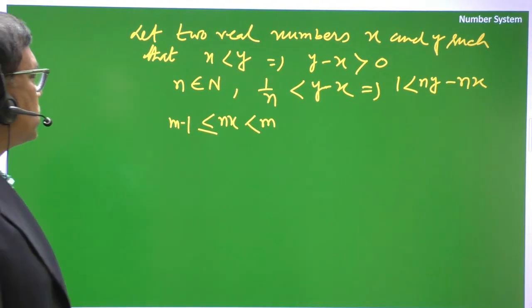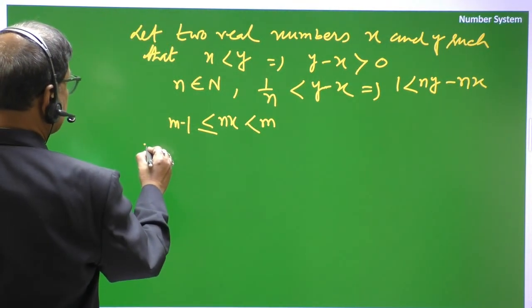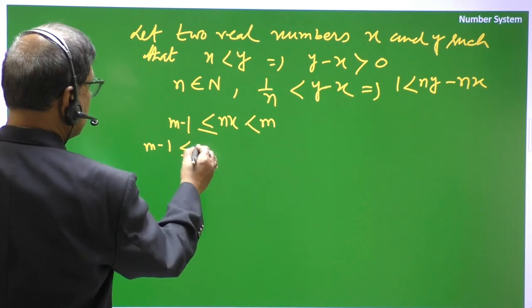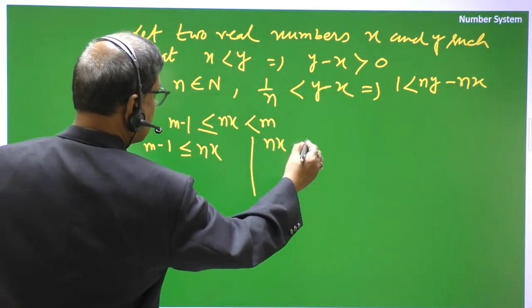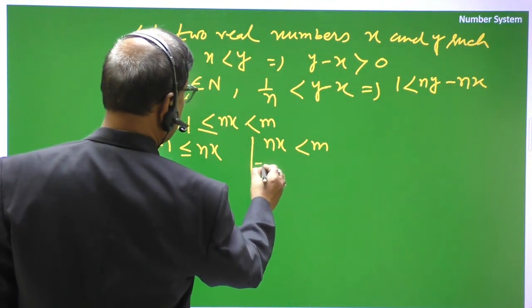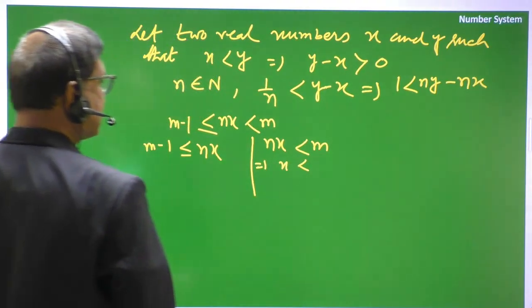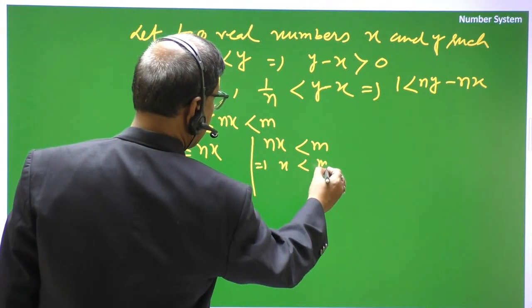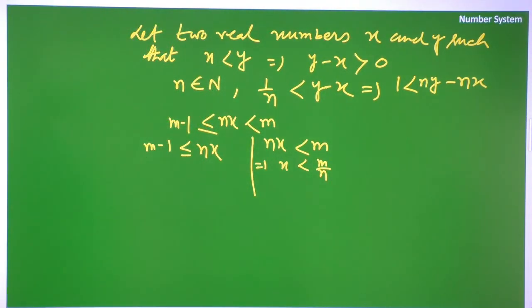Yes. So now if I break into two parts, one part is this, and another part is this. So from here, x is less than m by n. Yes, x is less than m by n.